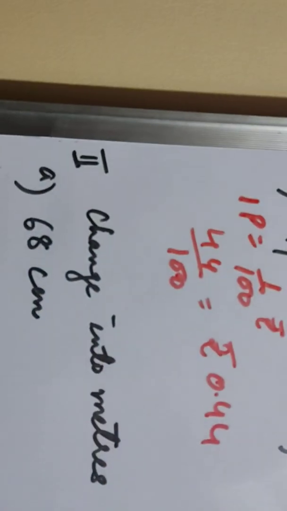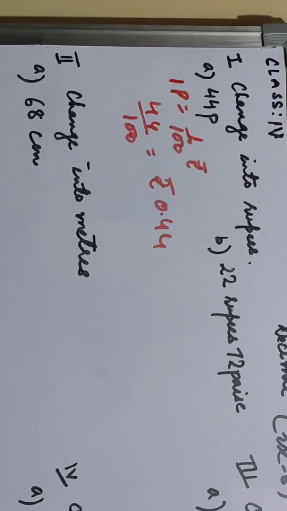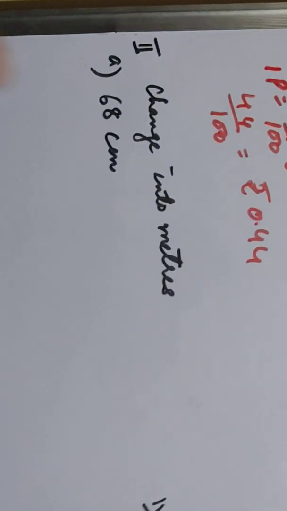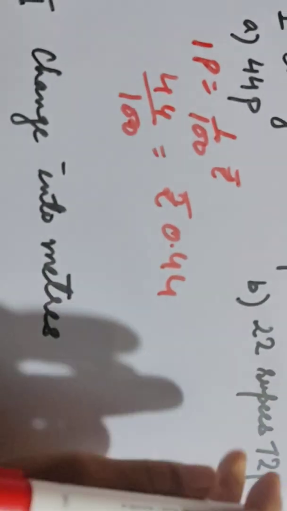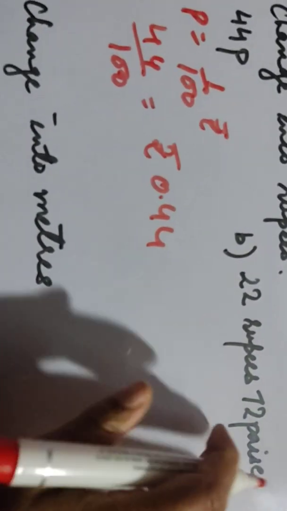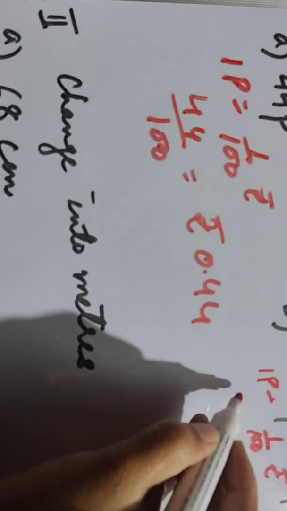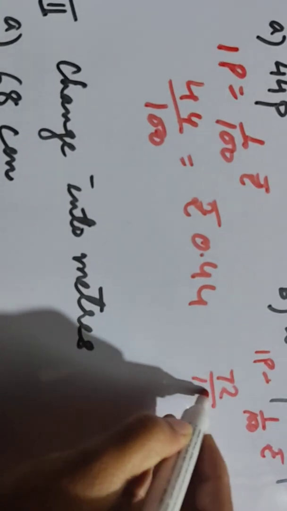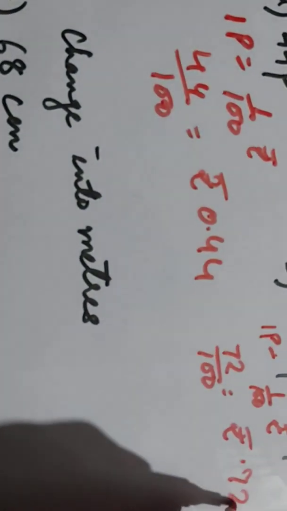Now you know how we get 0.44. 1 zero goes for 4, 1 zero goes for this 4, and then comes the decimal, because your exam is over, so I'm not going to take it in detail. Now this one, you know this is rupees and this is paisa. We are going to convert this. So 1 paisa is equal to 1 upon 100 rupees, and 72 divided by 100 gives you rupees 0.72.